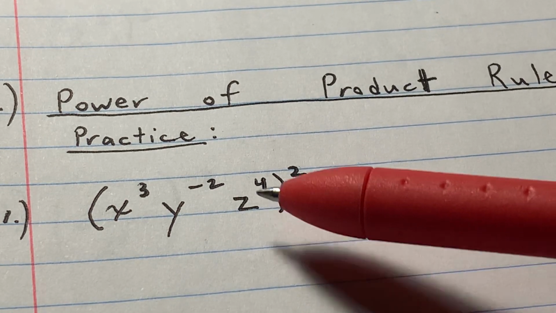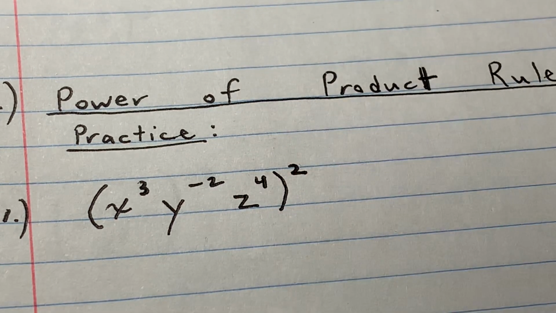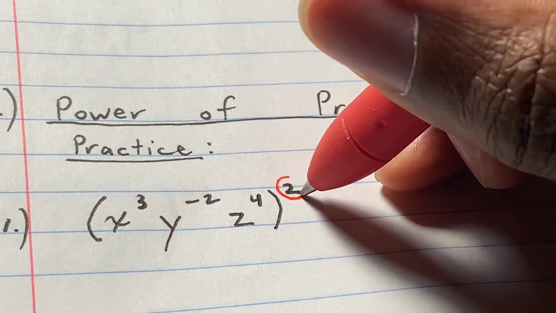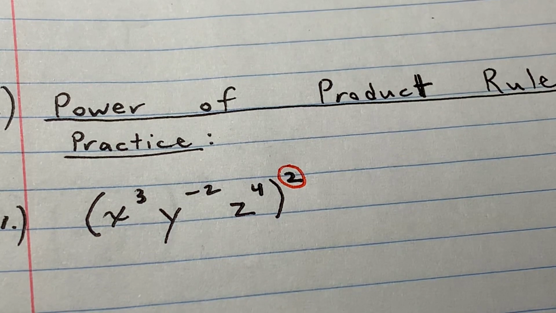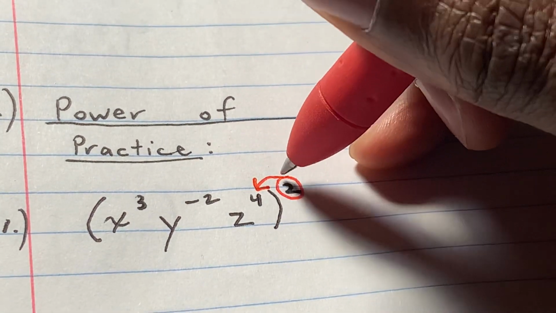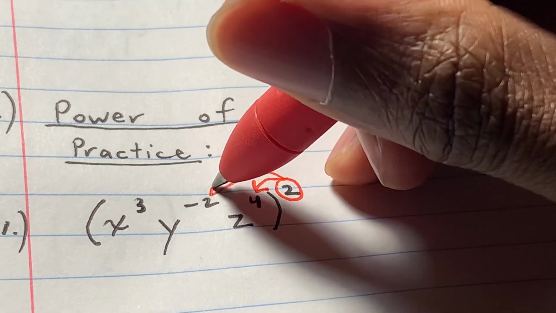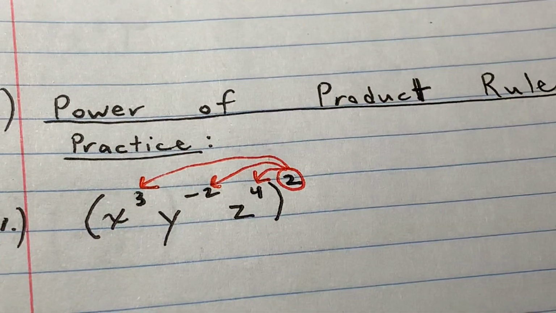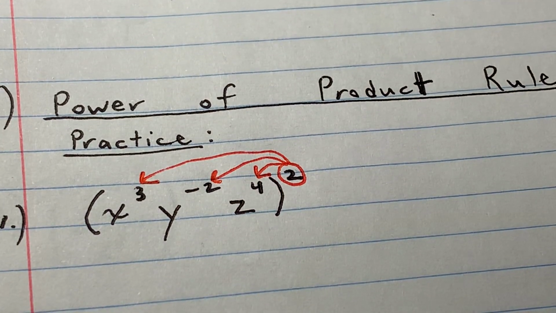Okay, but the process is the same. Nothing changes. We still take that outside exponent and do what? Okay, very good. We distribute it to all 3 exponents inside the parentheses.